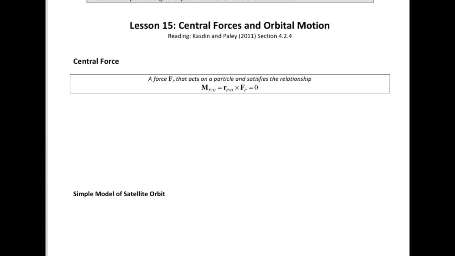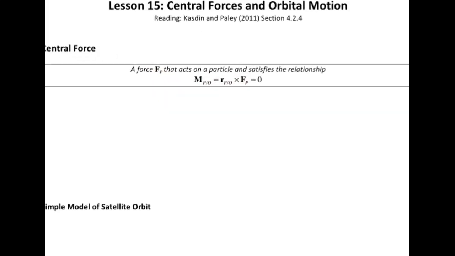Let's take a look at the definition of a central force. This is simply a force F sub p that acts on the particle, that acts on this mass, and satisfies the relationship in which the moment of p about point O, this being an inertially fixed point, is equal to 0.